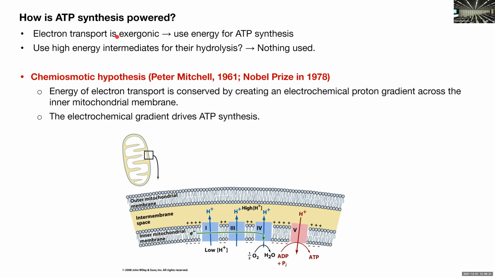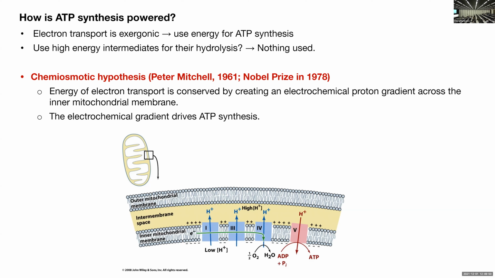Electron transport is exergonic, meaning that it generates a lot of energy, and the energy should be collected in a certain form to use it for ATP synthesis. But no high energy intermediates are used there. And if you recall, the high energy intermediates contain a phosphoryl group, phosphate basically, that can work for substrate level phosphorylation, but there's no such thing happening.